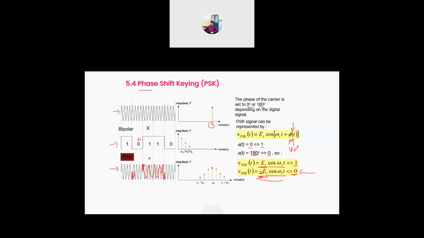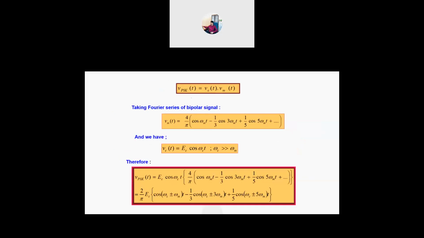Okay, so next, BPSK, which is the result of your carrier times your VMT. So just now, because this chapter 5 is about our information signal, it is a bit signal, right?